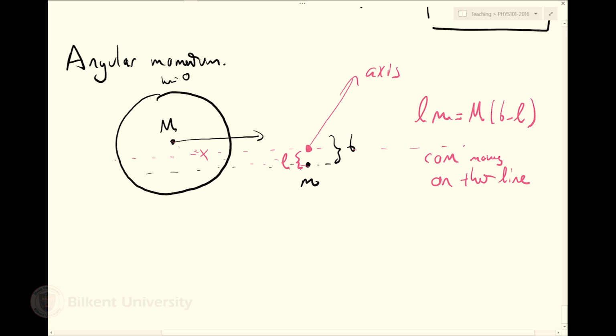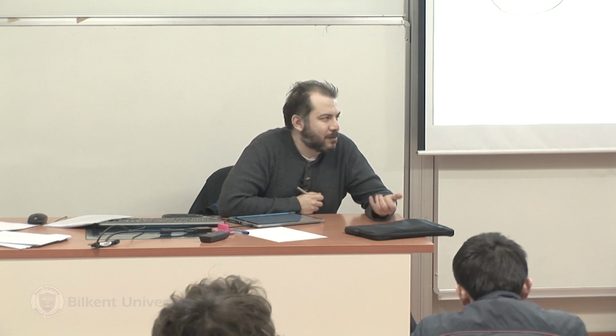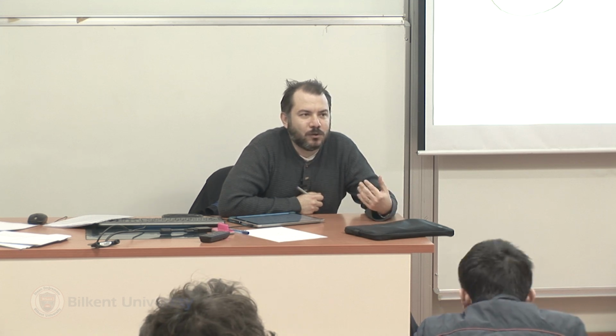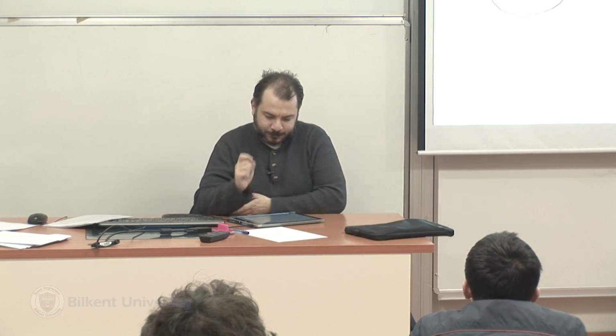The velocity of the center of mass, does it change during the collision? No, it doesn't, because the total momentum of any collection of particles is velocity of the center of mass times the total mass. The total mass doesn't change. So the center of mass always moves on a straight line.